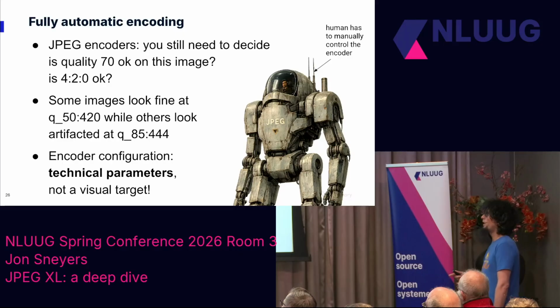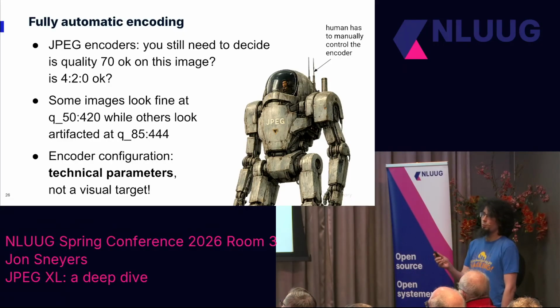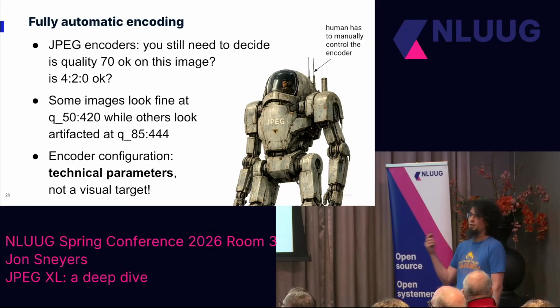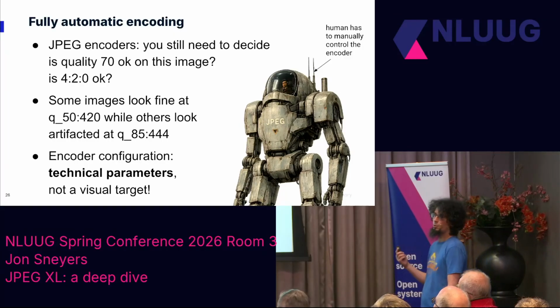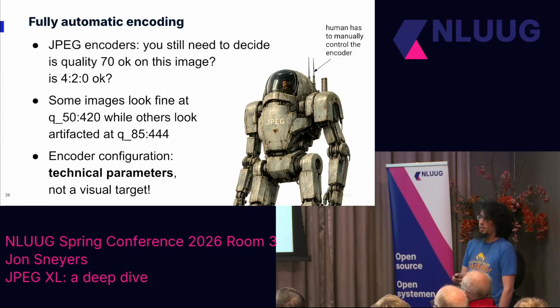It's a bit image dependent what will work and what will not work. And you have to make the decision what to set the quality slider to, what to decide to do in terms of chroma subsampling. So the way the encoder gets configured is by the technical parameters of the quantization process, but it's not a visual parameterization. The same setting can produce high quality or low quality. It depends on what the input image is.